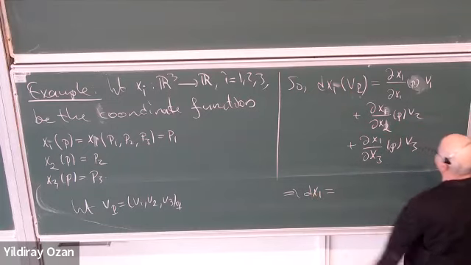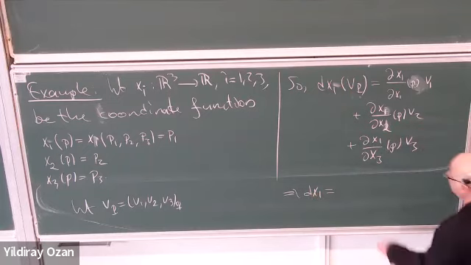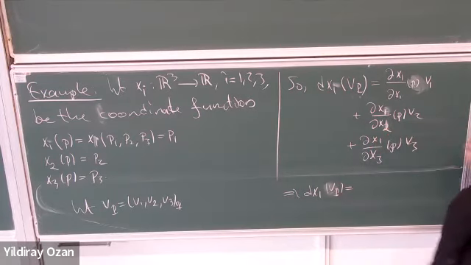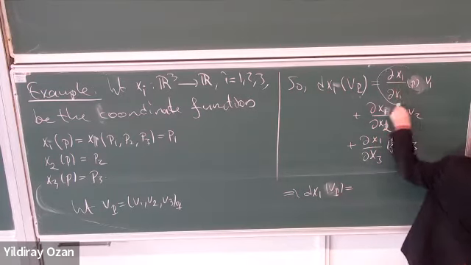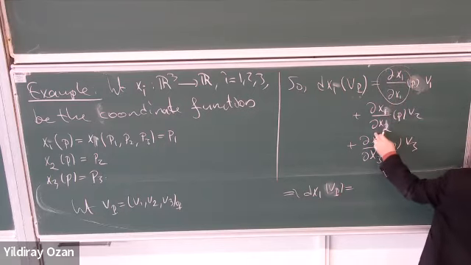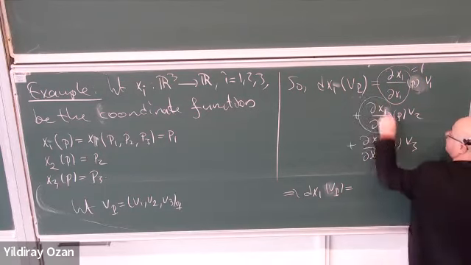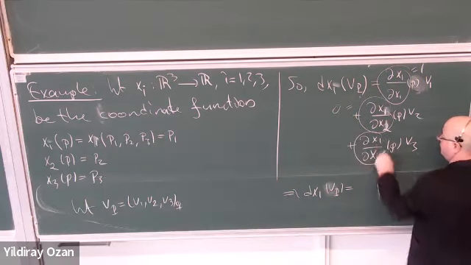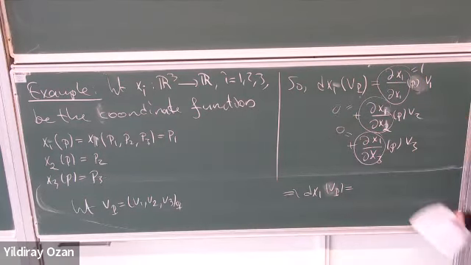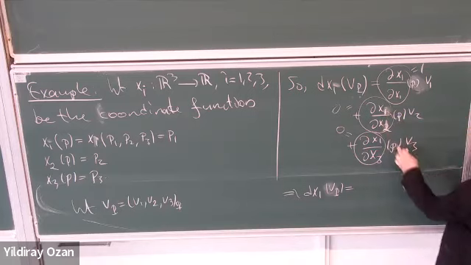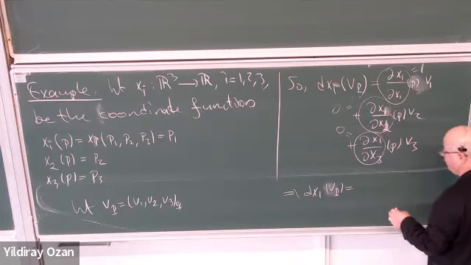So what we get is then dx1 evaluated at vp is just what? Well, this derivative is 1, but these are 0, because x1 is independent of x2, so its derivative with respect to x2 is 0, and so on.